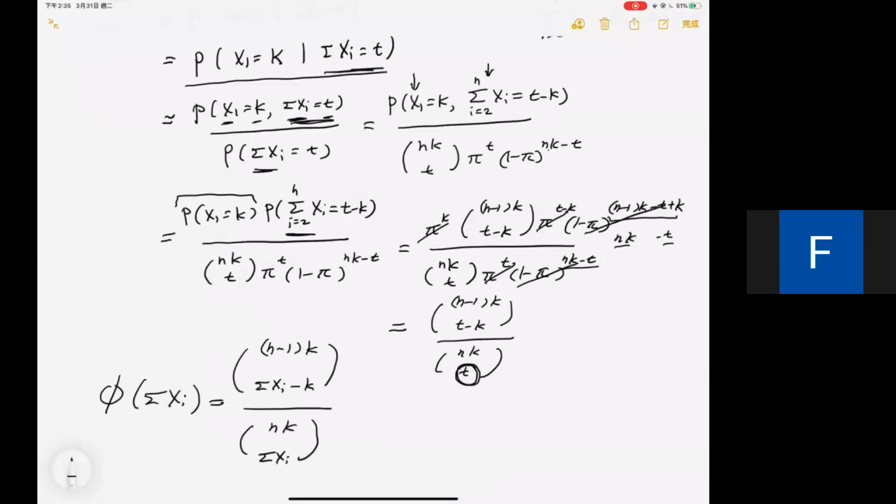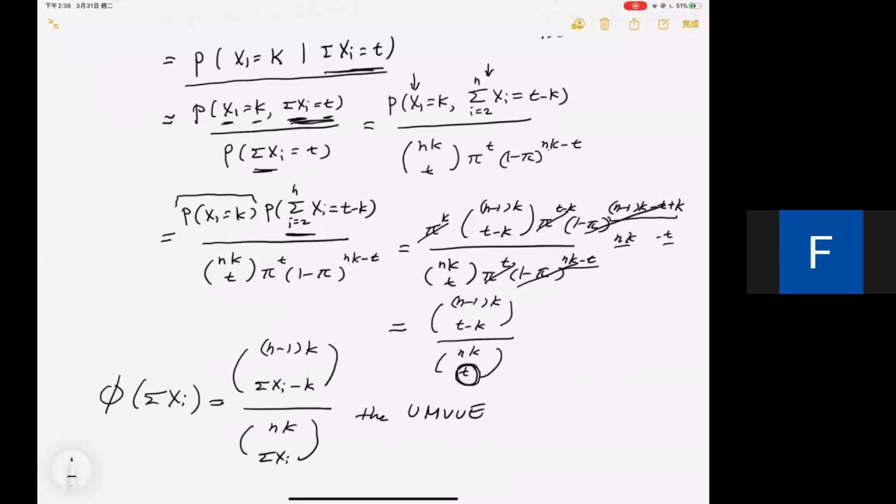Very, very weird estimator. Then this guy is the UMVUE by Lehmann-Scheffé. Okay, making sense?